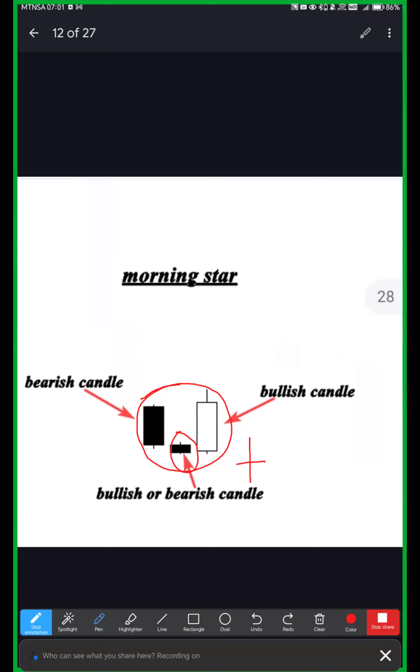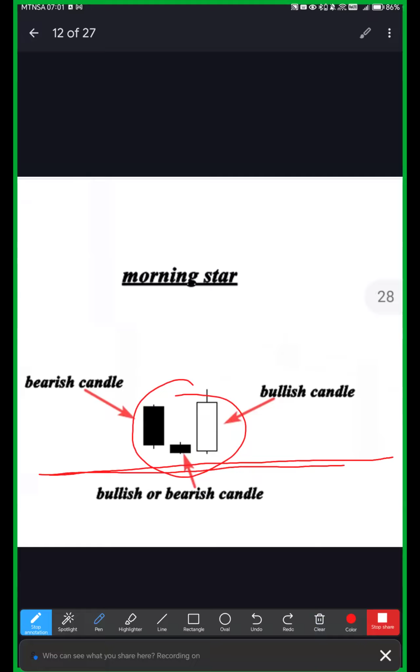So when this pattern occurs at the bottom of a downtrend, probably near the support level, like I said, there are areas where the market, when it touches, it reacts and bounces back. If it was coming down, it touches and bounces back. That's what we call a support area.